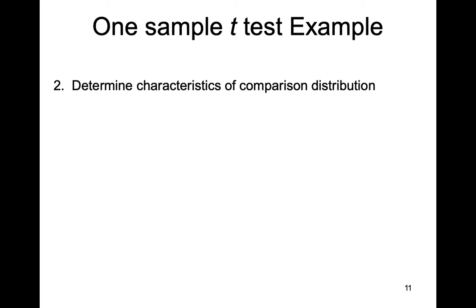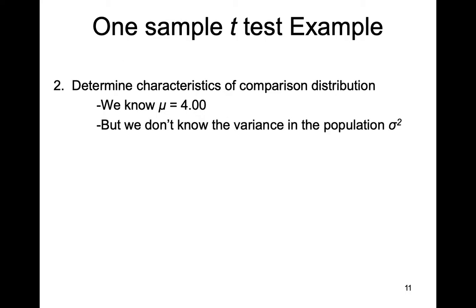Okay, so the second step would be to determine characteristics of the comparison distribution. So under the null hypothesis, we're assuming that the mean for our comparison population is 4, a neutral attitude.